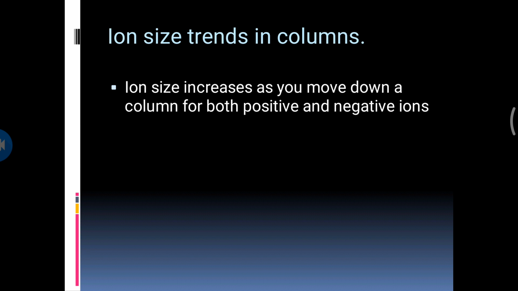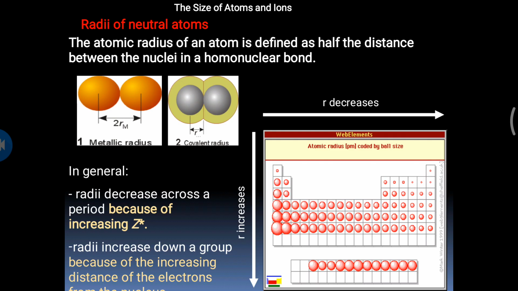When we move from top to bottom, ionic size increases as you move down a column, for both positive and negative ions. So the size of the ion increases from top to bottom.